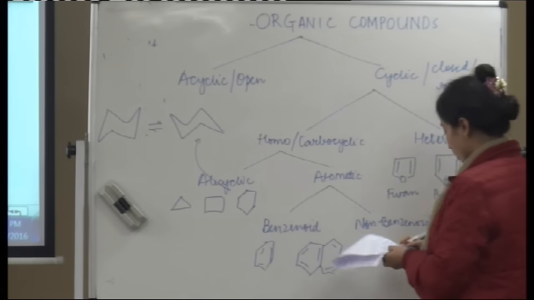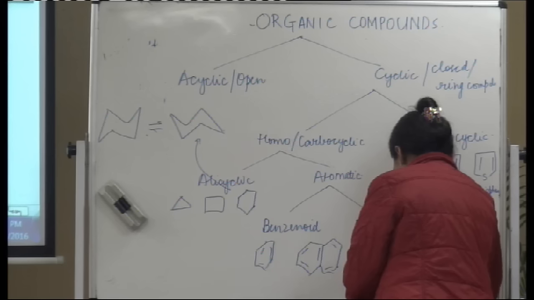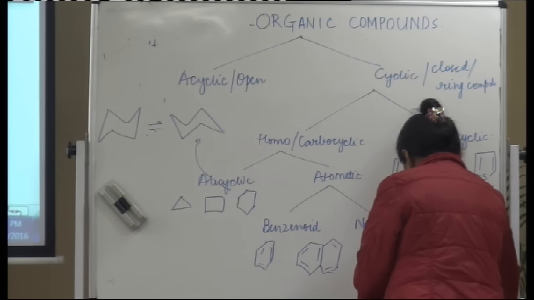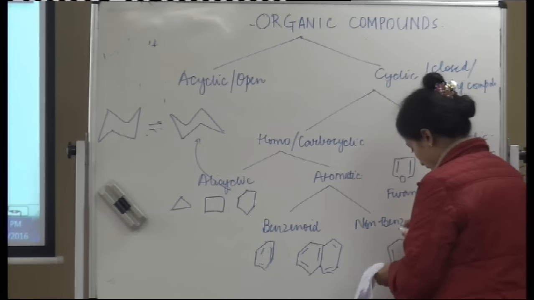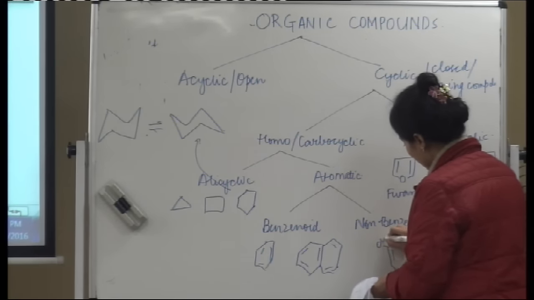When you talk about non-benzenoid, then in that case it is something which possesses aromatic character, but like this structure, you have a double bond O here and you have an OH here. This is that of tropolone.